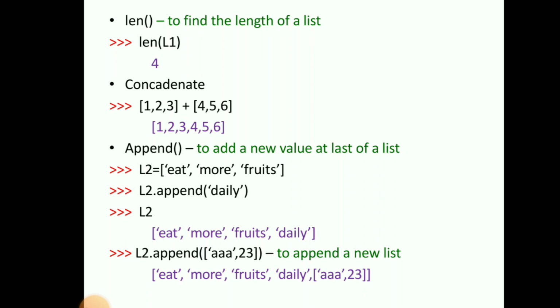We can add the daily item to the end of the list. Now we get the output as eat more fruits daily. Similarly, by using the append function, you can add one more list to the end of the other list.